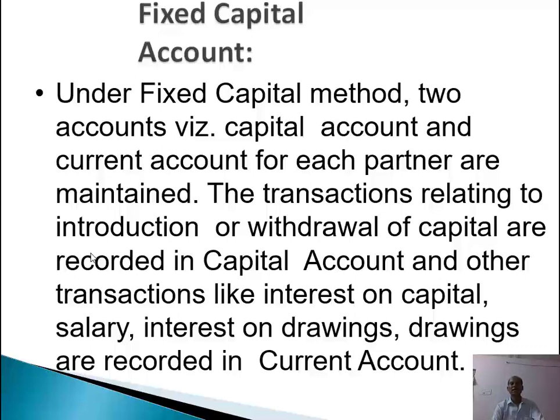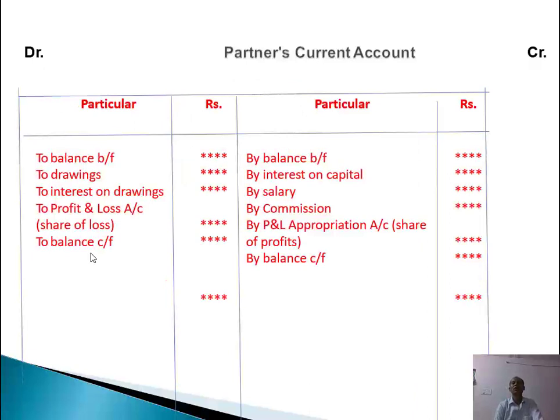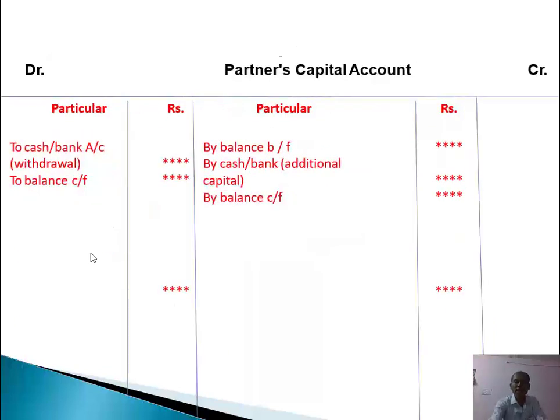The aspects are salary, interest, drawings, commission, etc. See, this is the capital account and this is the current account in the fixed capital method.